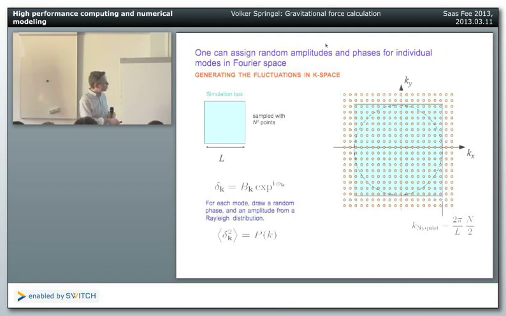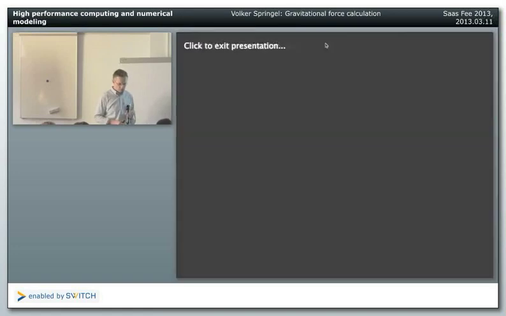So this is exactly the region where you have information in Fourier space if you have just these n squared sampling points in this box L. And that means if you create initial conditions, and we maybe do this in the exercises, you are not allowed to add waves all the way. If you just have n particles, you have to stop at a certain k. It's not possible to put in smaller scale perturbations because you have not enough sampling. If you do, nevertheless, you will alias this power towards larger scales, which is not good at all.